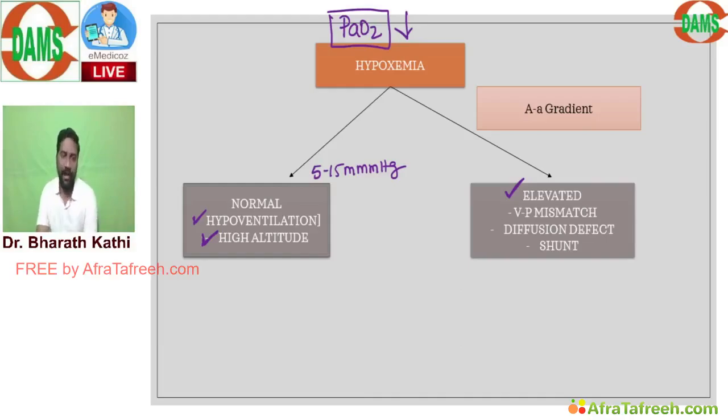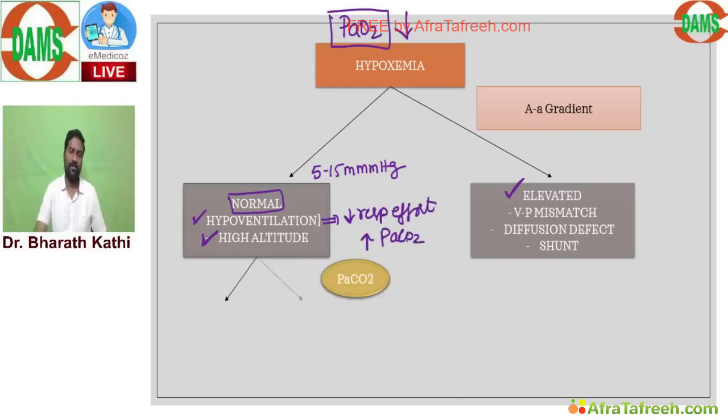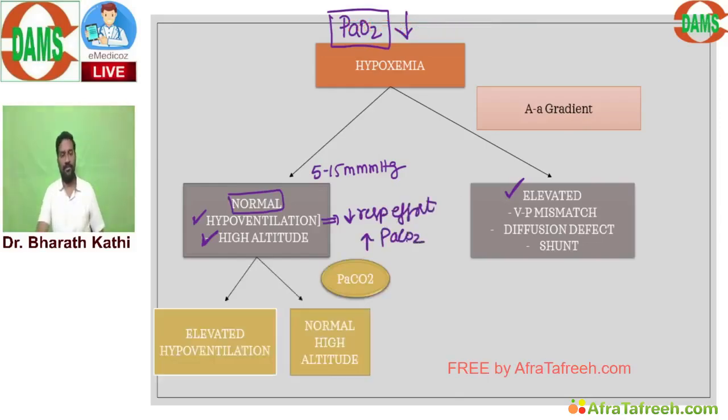Now how do we differentiate hypoventilation and high altitude with a normal gradient? Hypoventilation itself means decreased respiratory effort. Whenever respiratory effort decreases, what will automatically increase? PaCO2 increases. Based on PaCO2, if it is elevated, hypoventilation. If it is normal, high altitude.